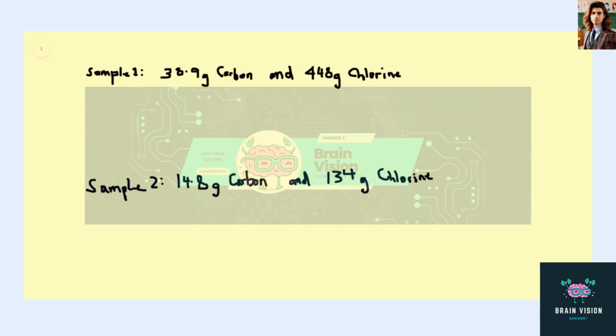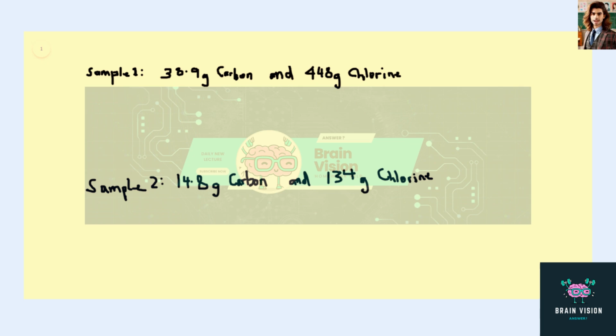Essentially, what this means is, are these two samples consistent with the number of particles or molecules that they contain? So essentially what we have to do here is calculate the mass ratio of each of these samples. And if these two ratios agree with each other, then we can say that these two samples obey the law of definite proportions.